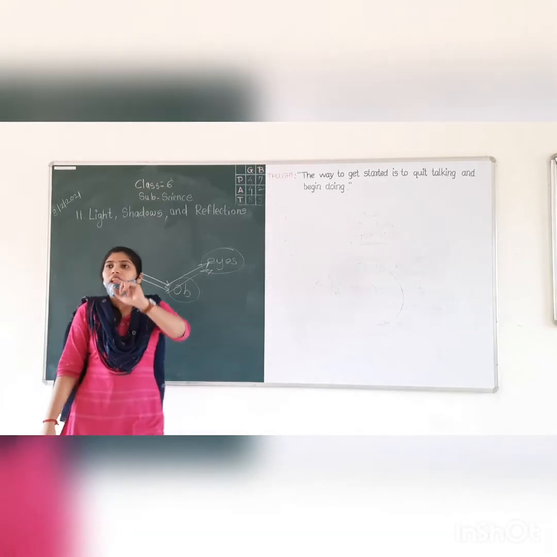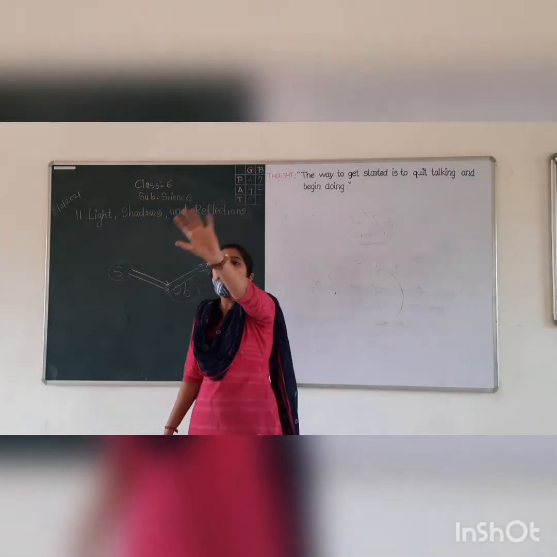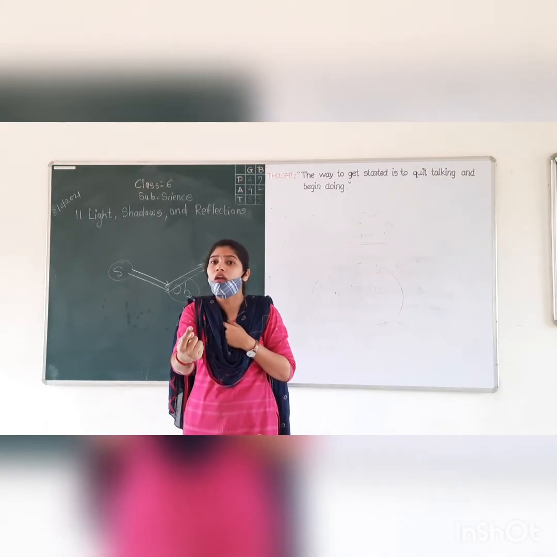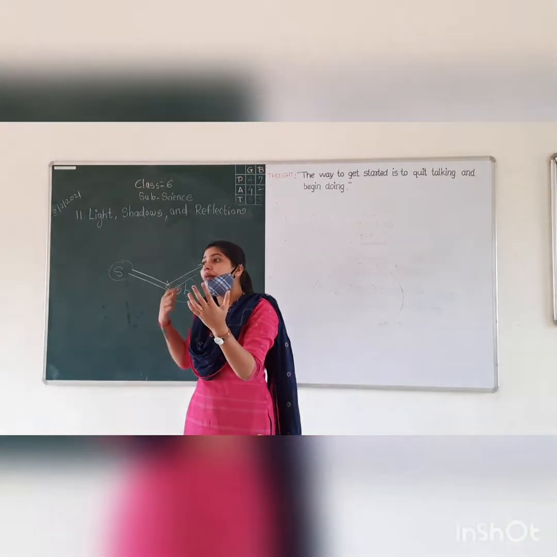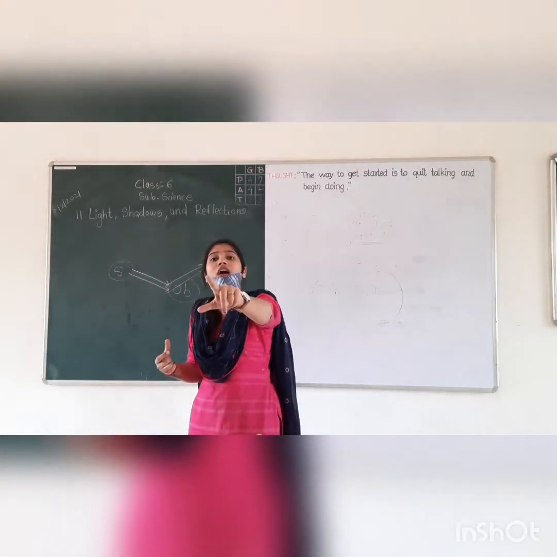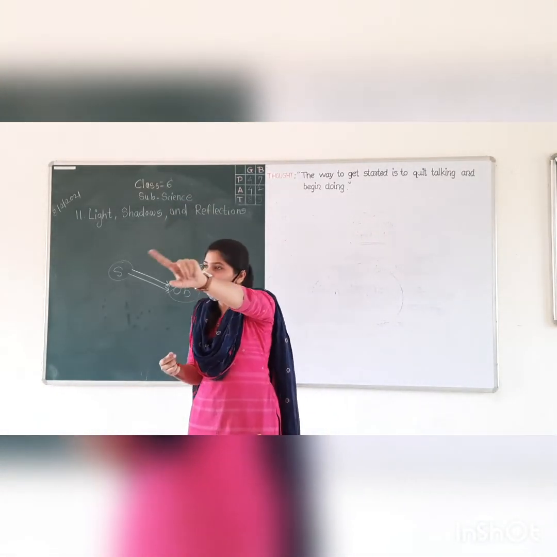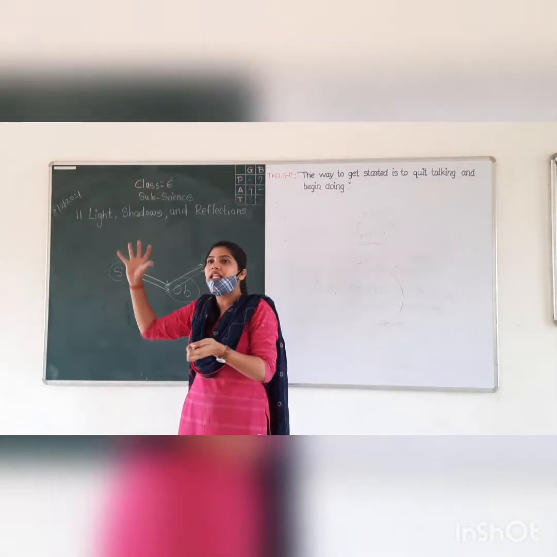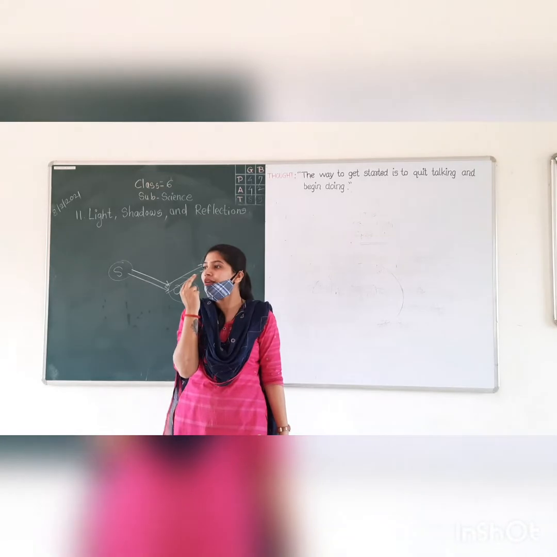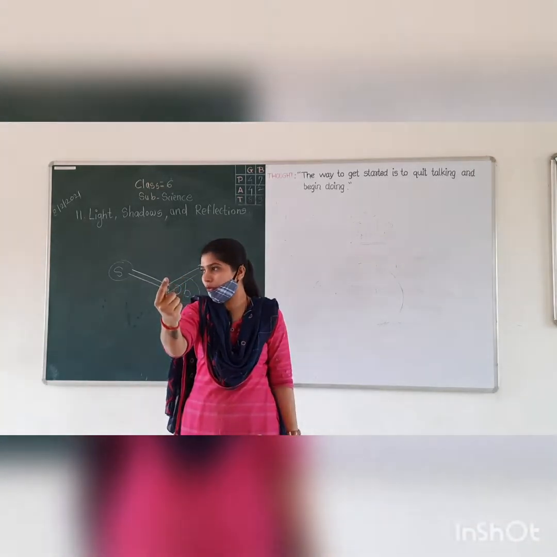Whatever is present at our back side, I can see, but you cannot see. Why? Because the rays do not reach your eyes. I can watch that board because light falls on that board and those rays reach my eye. So that's why I can see the board.